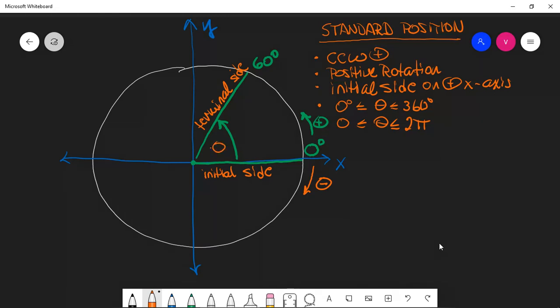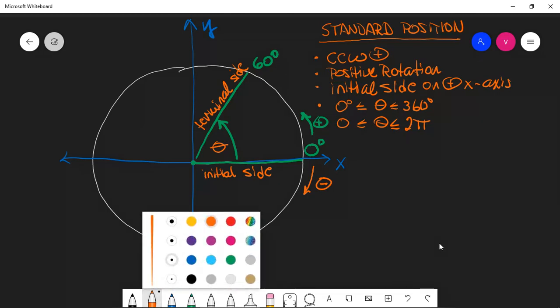This is theta right here, okay? Just the name of the angle. Or you've got 0 to 2 pi radians. Same thing, one's degrees, one's radians. If you are in the first rotation of a circle, and we'll talk about that in a minute, you are in standard position. Okay, so let's talk about other ways you can name this angle right here.